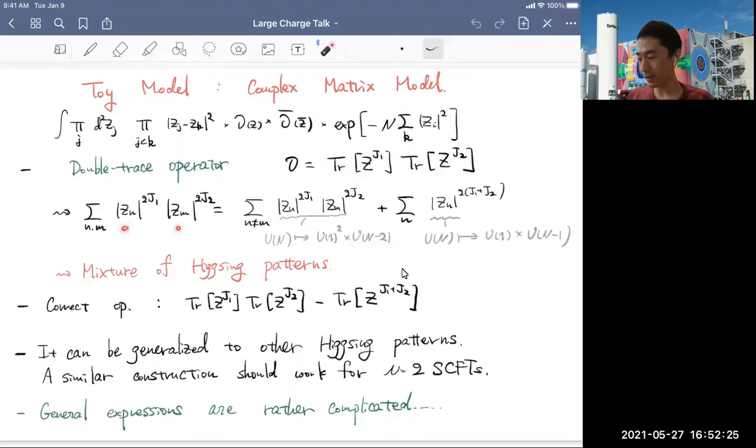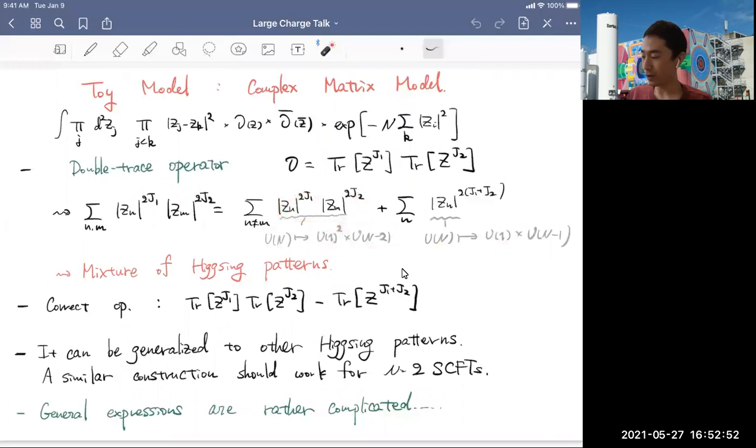But this is not precisely correct, because this summation over N and M consists of two parts. The first part is given by N not equal to M, and the second part is given by N equals M. The first part corresponds to the symmetry breaking pattern U(N) going to U(1) squared times U(N-2), whereas the second part is given by U(1) times U(N-1).